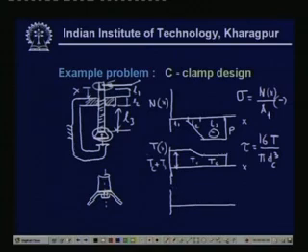Of course, we do not consider any bending stress beyond this, because we consider this to be clamped. So, therefore, the bending stress will be something like this, and this is the bending moment distribution, and the bending stress, as we know, is again a normal stress, and this will be 32 M by pi dc cube.